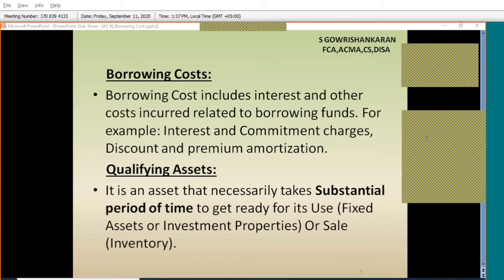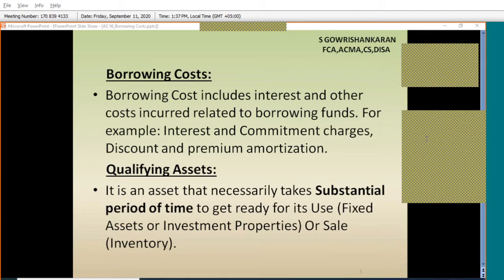It is readily available for sale, trading activity, buying and selling the goods. That is also stock, that is also inventory, available for use readily. So what they are trying to say here is inventory which will take a substantial period of time. You can't use that inventory immediately. You have to wait for some time.